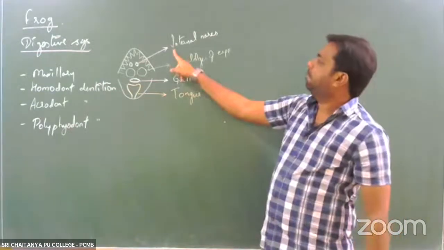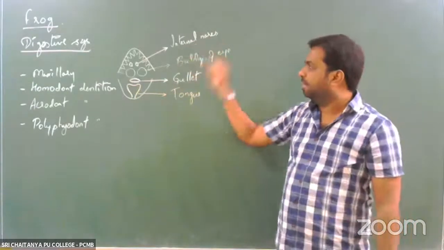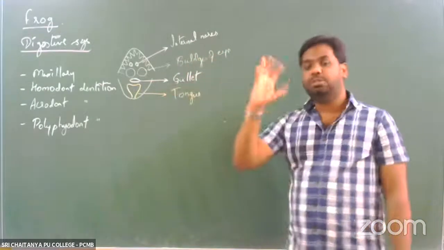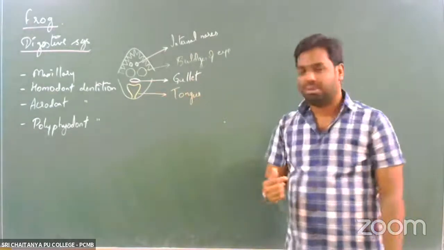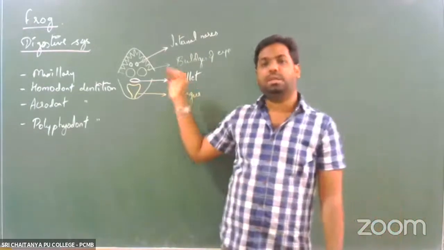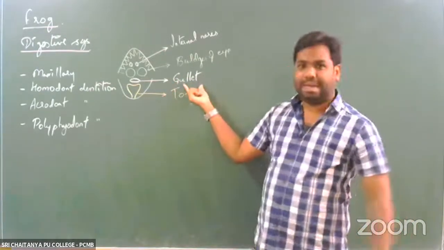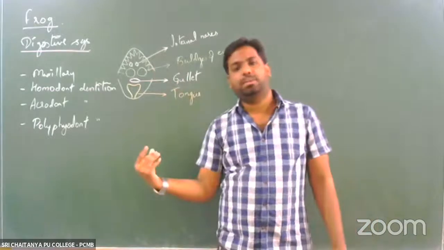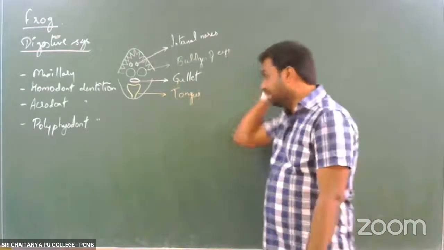Second, there is a pair of internal nostrils present towards the maxilla. Then below that, a pair of bulges of the eyes can also be seen. And then there is the gullet, which is nothing but the opening of the esophagus, or the opening of the alimentary canal. We will call it the gullet. Towards the posterior end of the buccal cavity, we have a muscular structure called the tongue.